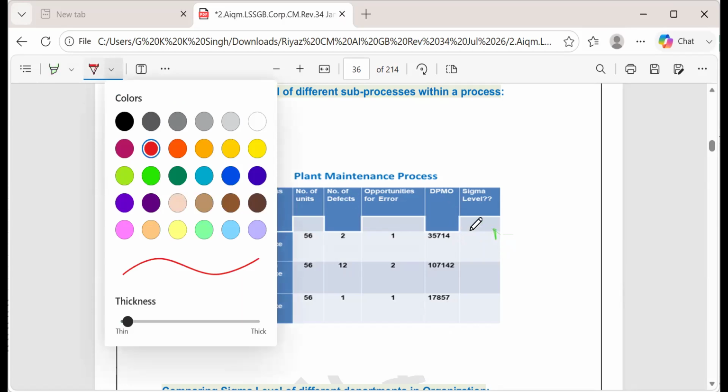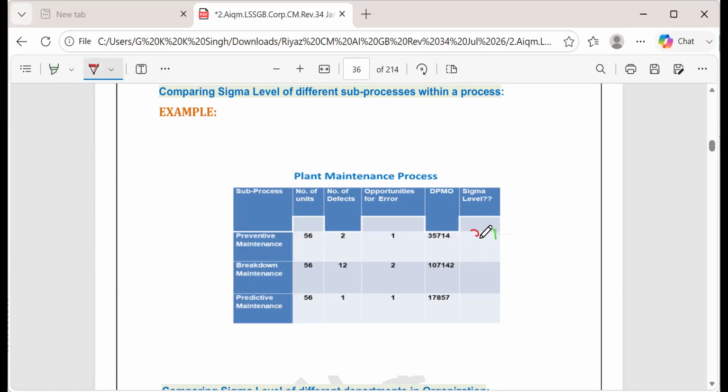So for the first one, I will take 3.305. Yes, that is preventive maintenance. What about breakdown maintenance? 2.74. Yes. And predictive maintenance, 3.6.